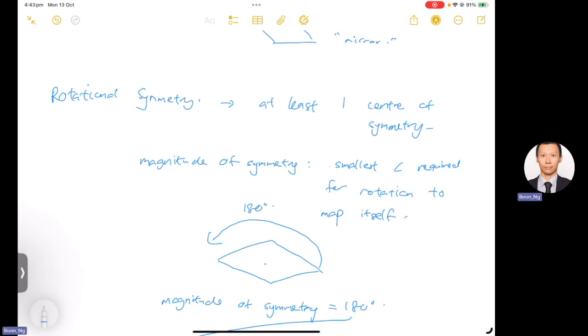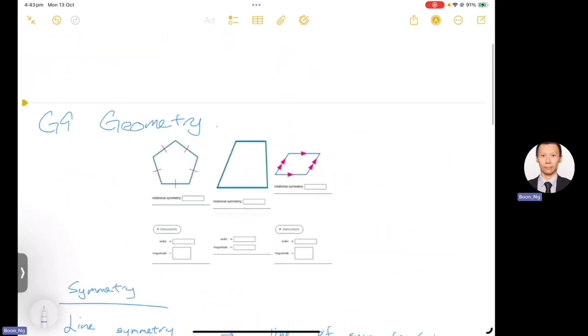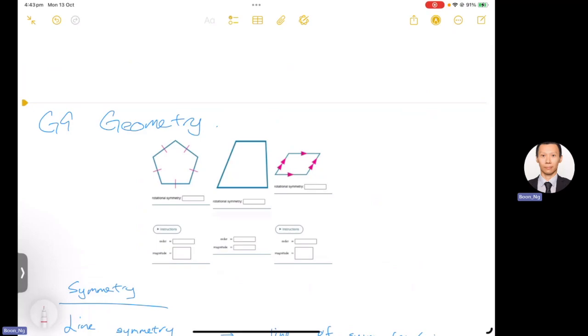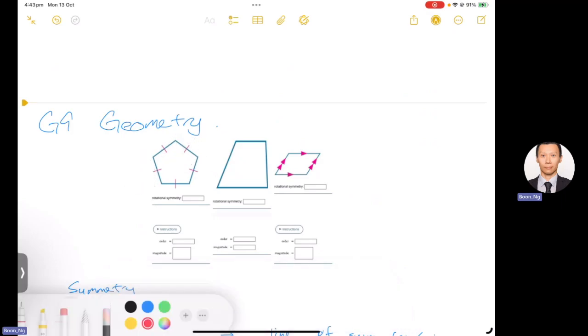Okay, using all this theory, we can do this example. For example number one, is it a rotational symmetry?